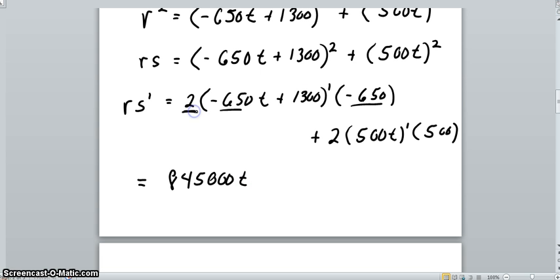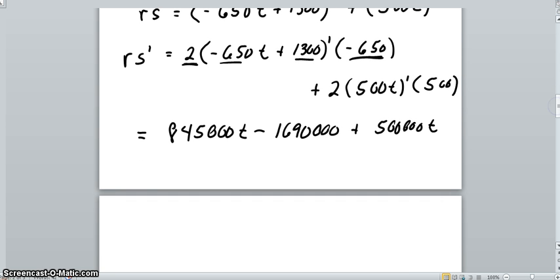And then we've got 2 times 1300 times minus 650, which is 1,690,000. And then what here? 500 times 500 times 2, t, which is 500,000 t. Right, so a nice linear equation.